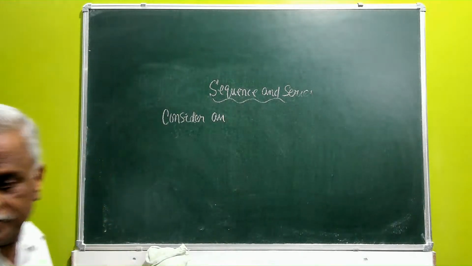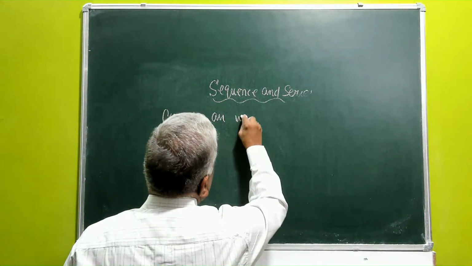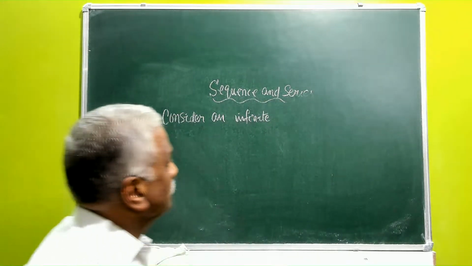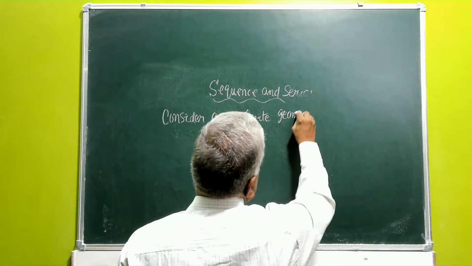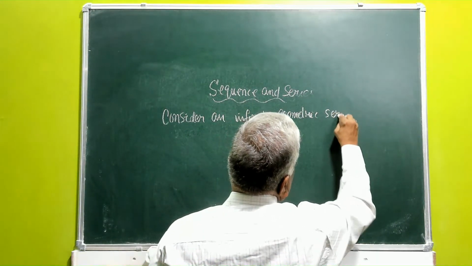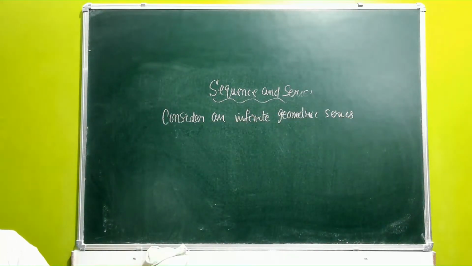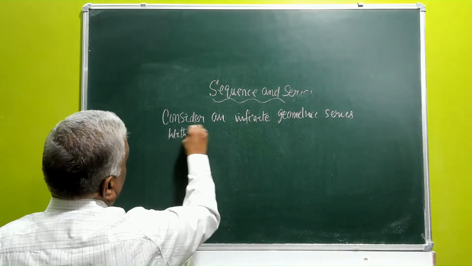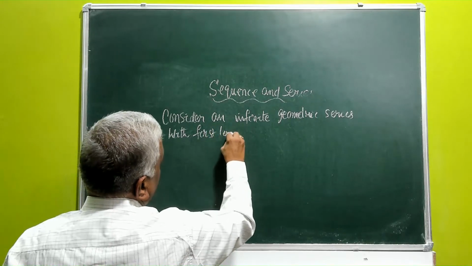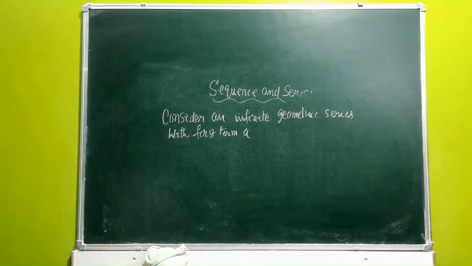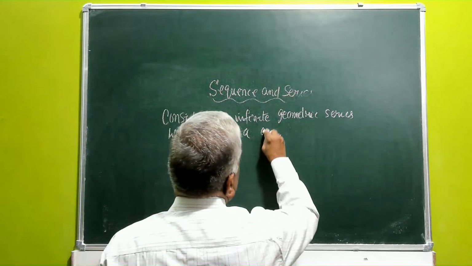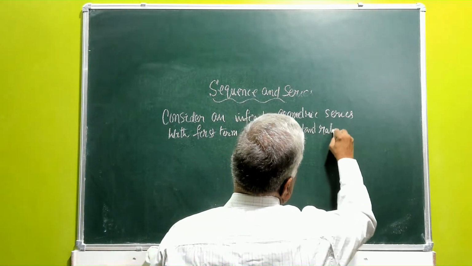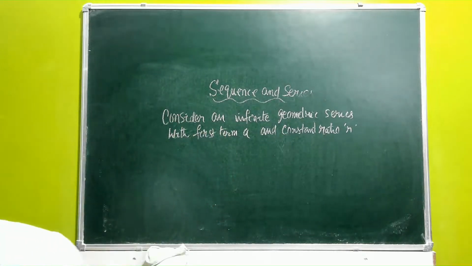Consider an infinite geometric series with first term A and common ratio R, or constant ratio R. The problem is not difficult, but wordings are more.